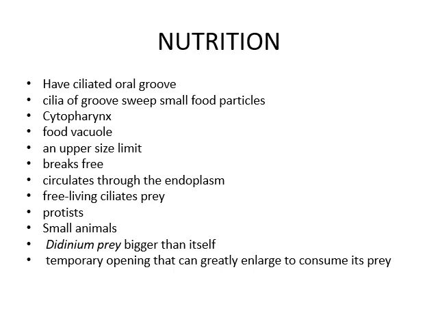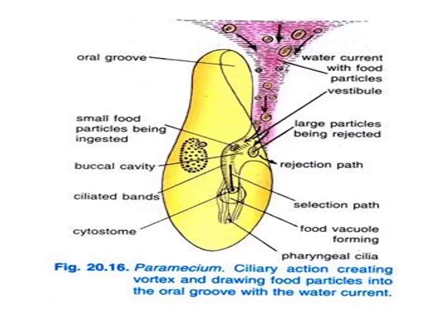Free-living ciliates prey on protists and small animals like Didinium, which can prey on organisms bigger than itself through a temporary opening that can greatly enlarge to consume its prey. Here is a diagram.